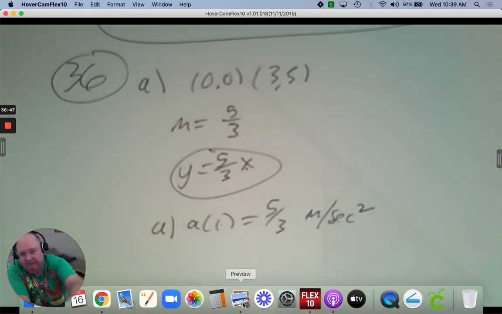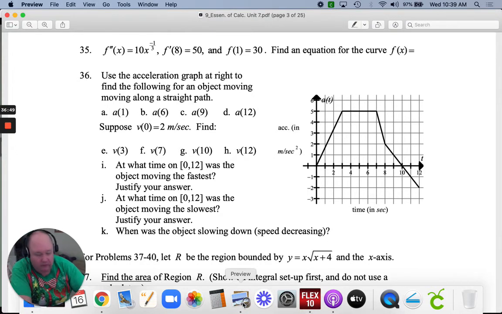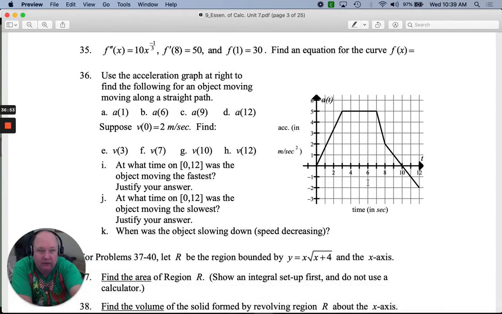Part B says, what's the acceleration at 6? At 6, that's a lot easier. That's a horizontal line that's just 5, so that's 5 meters per second squared. Part C, what's the acceleration at 9? I can see it's positive 1 right off the graph.